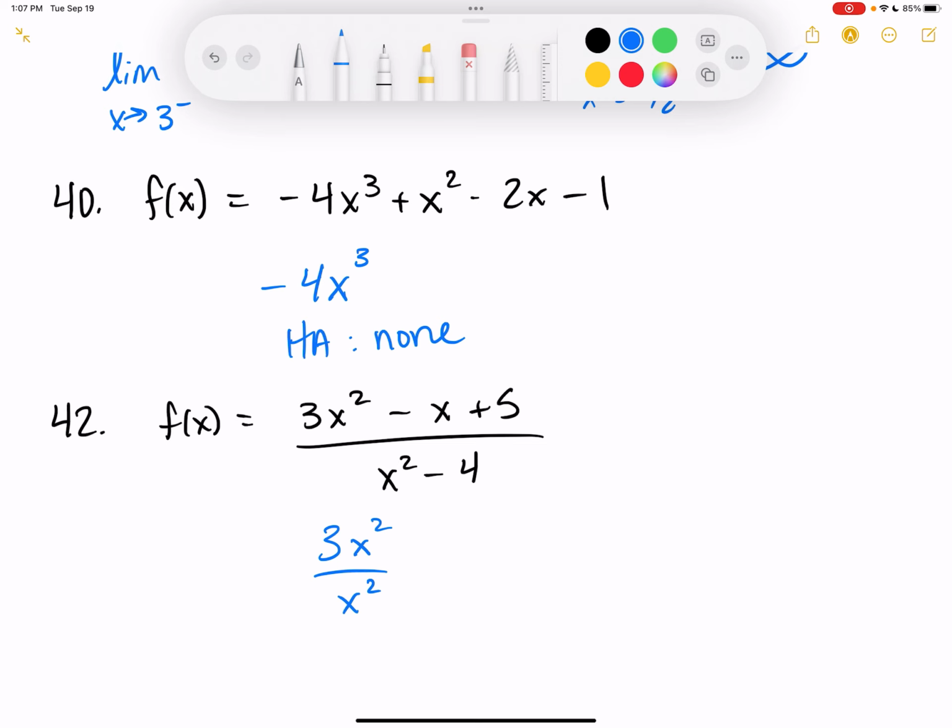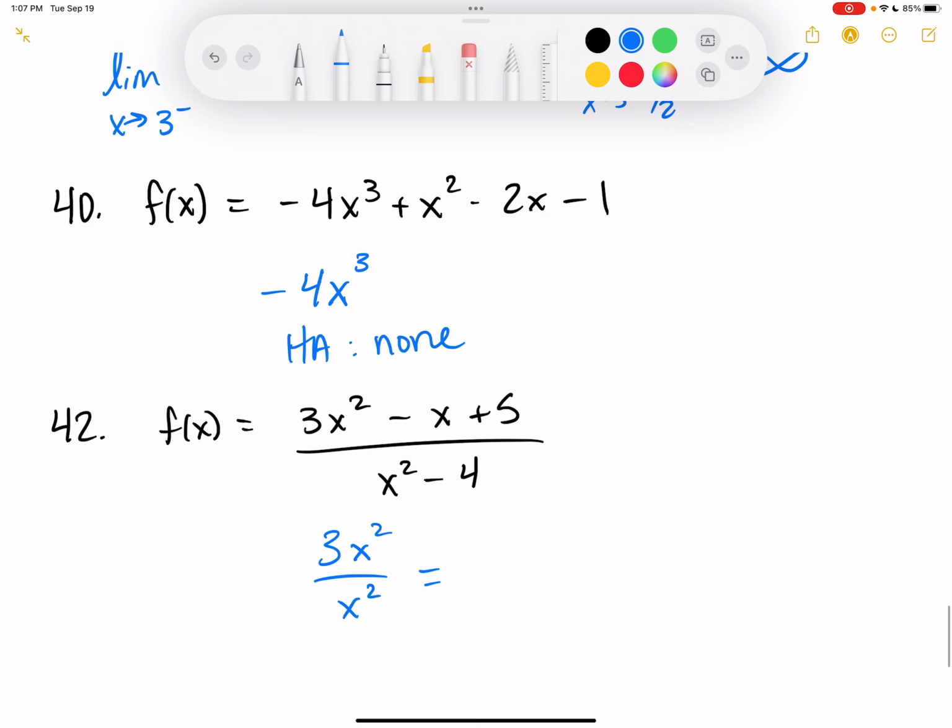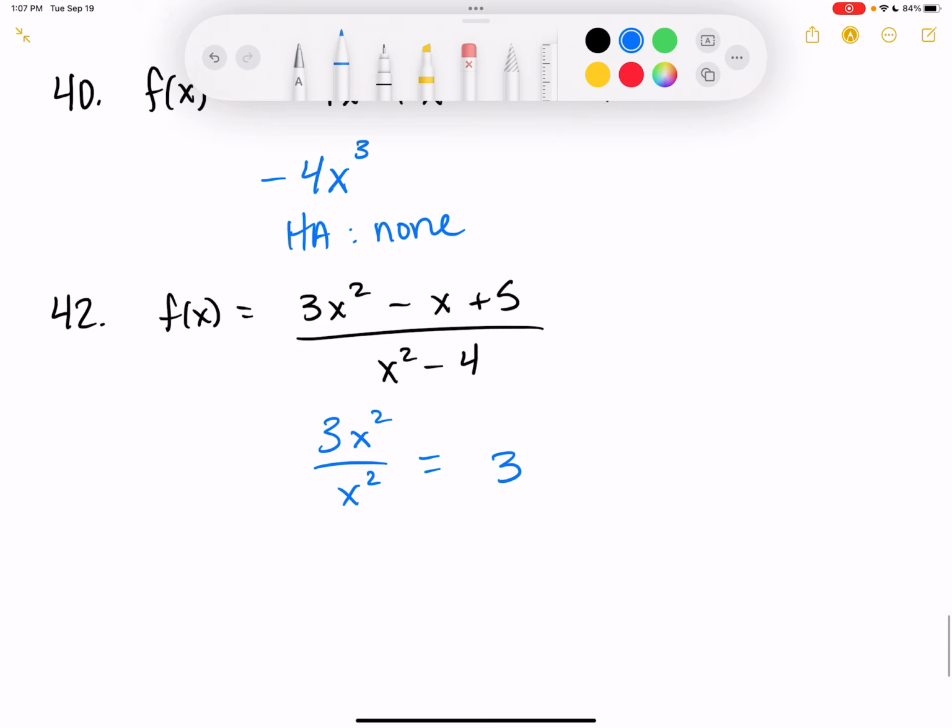But I can reduce that, so it's actually going to be 3. Do I have a horizontal asymptote? Yes. Bottom and top are the same, so use the coefficients. You would use 3. So y equals 3. And remember, it's y equals because a horizontal asymptote is a line. So both the same, use the coefficient.